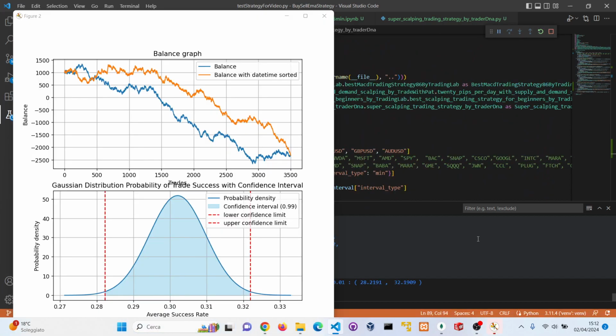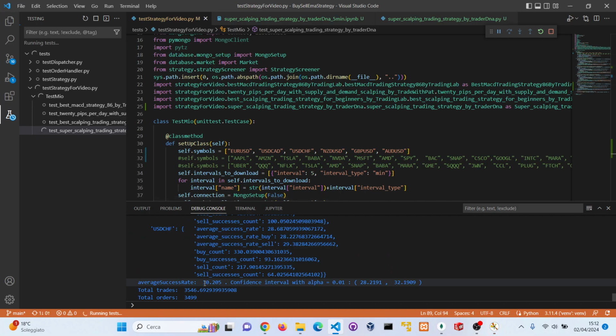As you can see, with the basic conditions you would have very bad results. The average success rate is only 30%. In order to break even with a 2 risk to reward ratio, you should have at least 33.3%. So this is very bad.